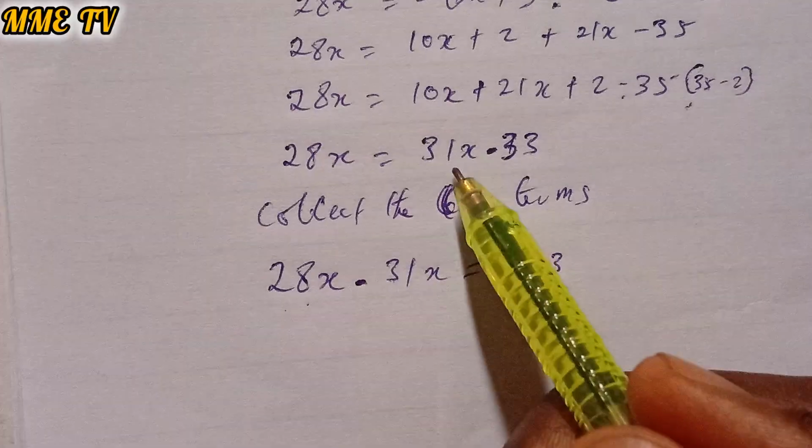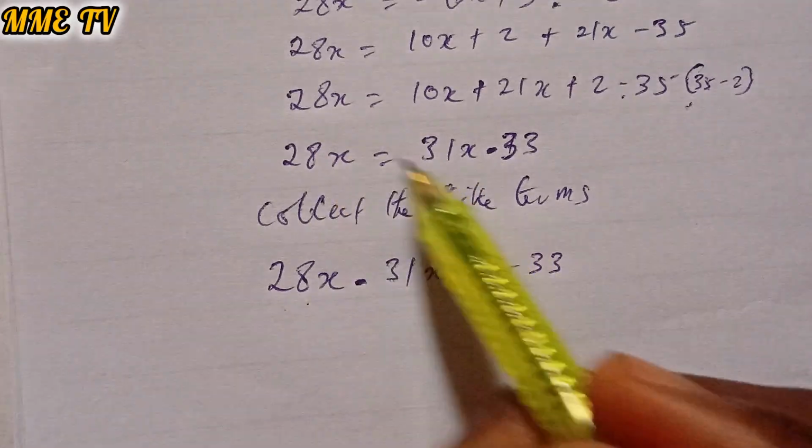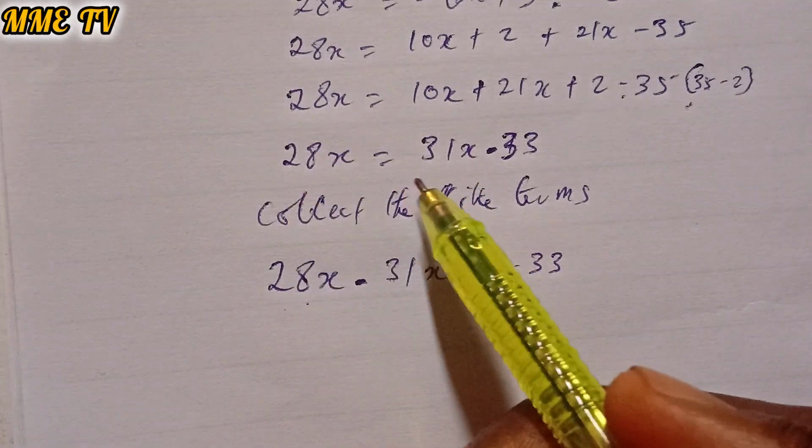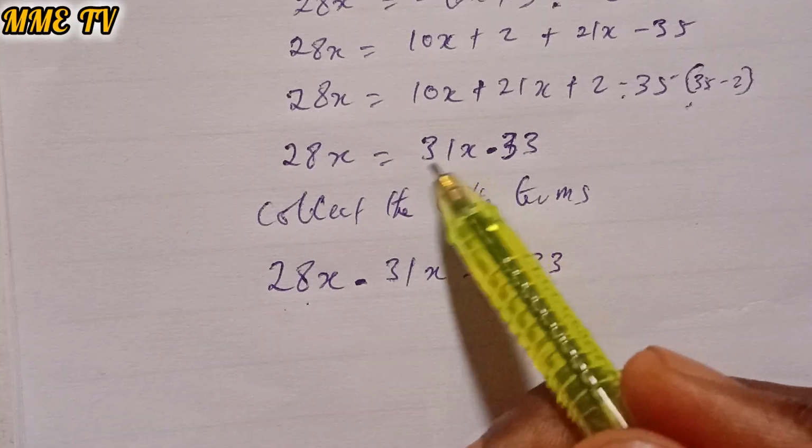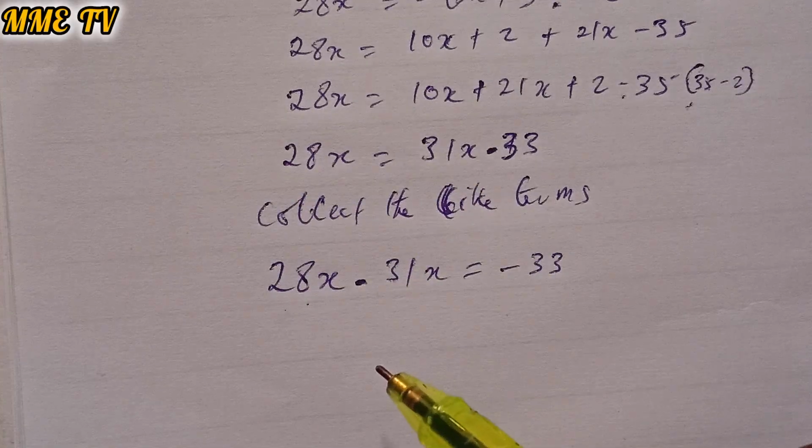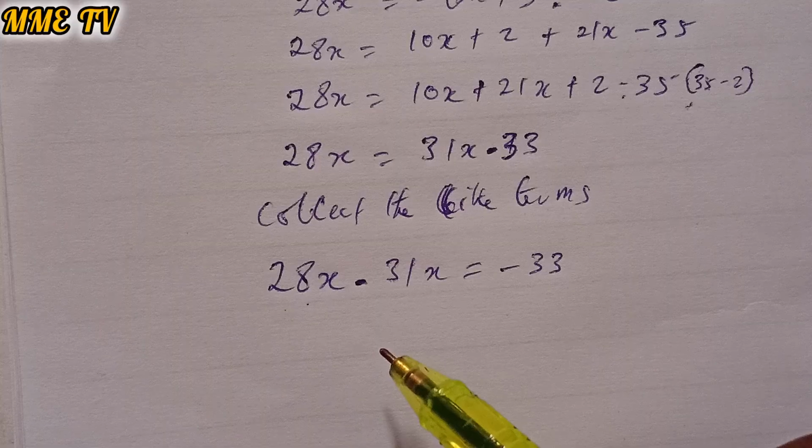Not because this number is bigger than 28x. When it comes over here, you will now say, okay, because of that, 31x should be first. No, it's not how it's done. You are going to follow every single thing in maths with orderliness and with discipline.